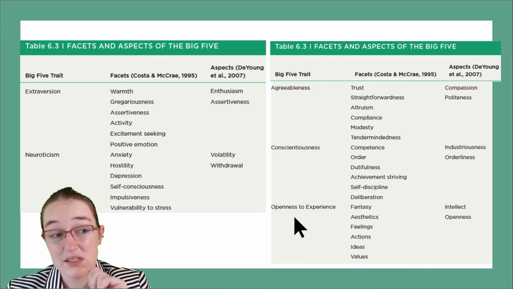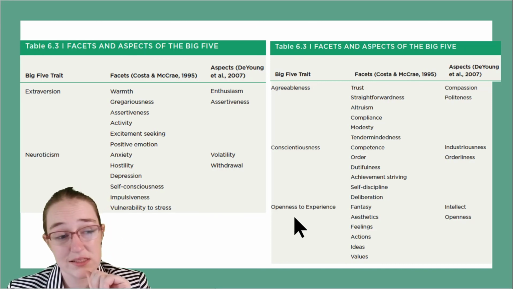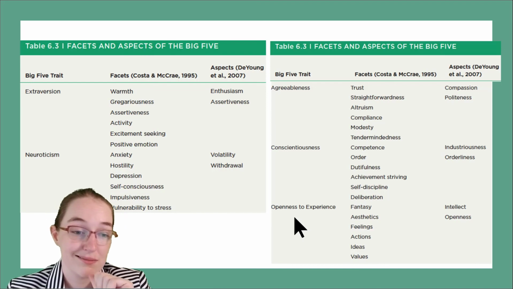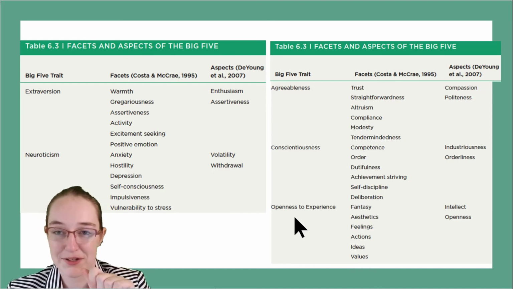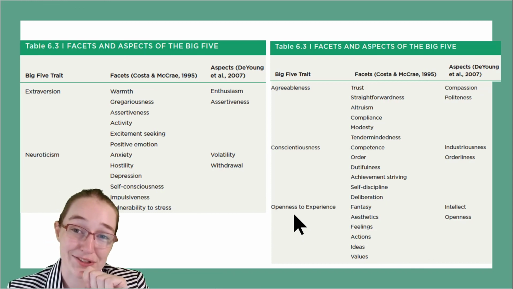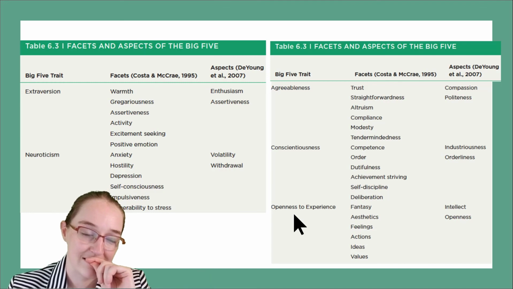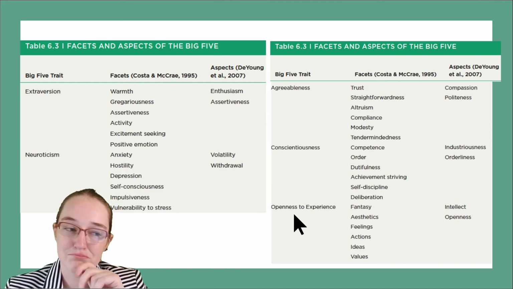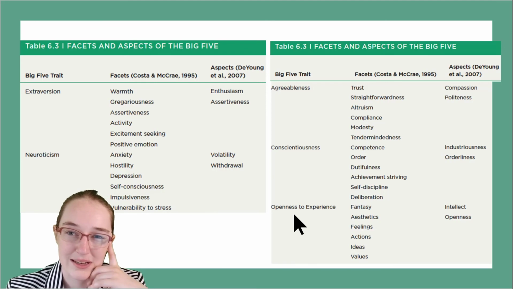Openness to experience is probably the most debated one of these traits, just from the name. It's the least developed factor. It's actually the last factor from a theory standpoint to have arisen. And it kind of arose more as a consequence of the model than from theory.